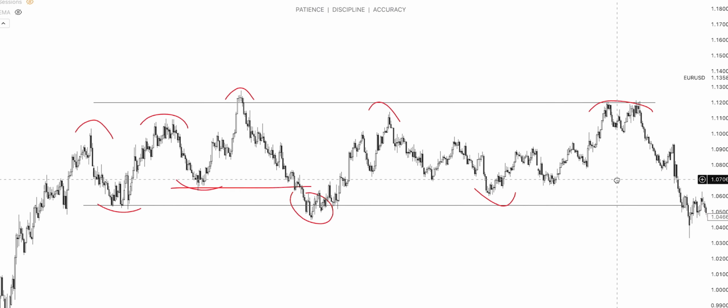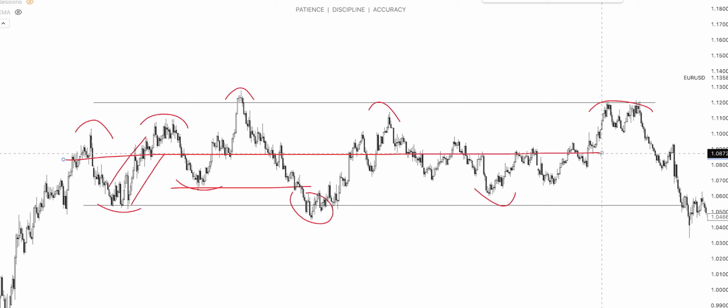So it's basically going sideways. We don't have any consistency to the upside or to the downside. Of course, if we zoom into the lower time frames, we will have their own lower time frame trends, but on the daily time frame we can see clear range-bound market conditions. This is how it looks in real market conditions.